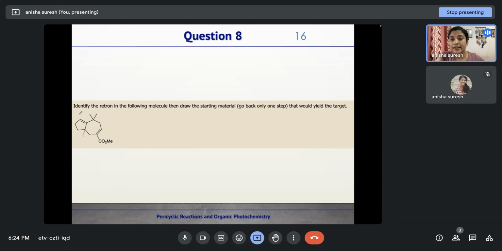So here there is a 1, 2, 3, 4, 5, 1,5 diene, which could be obtained after the 3,3 sigmatropic rearrangement.